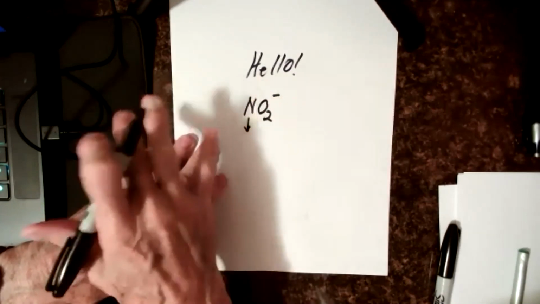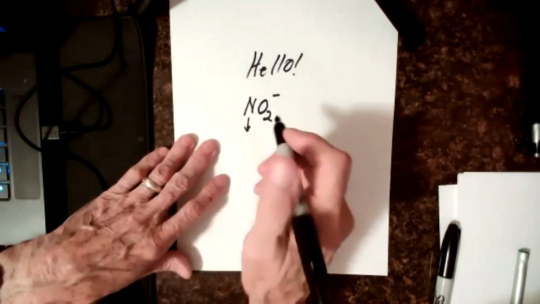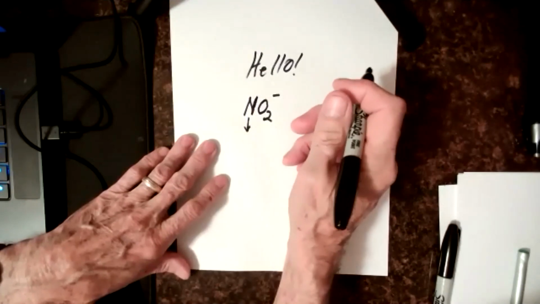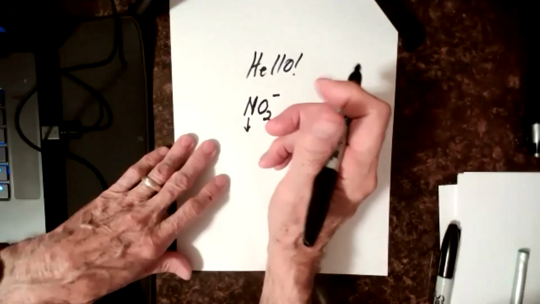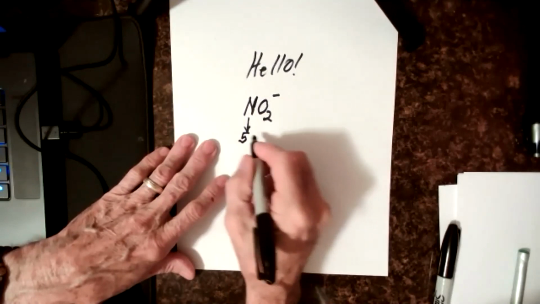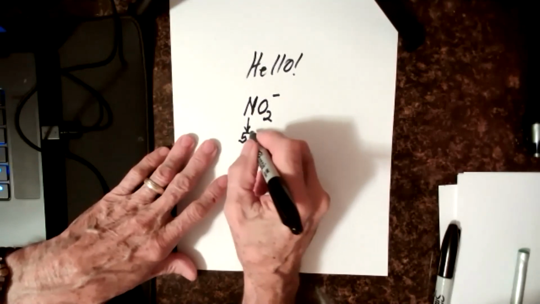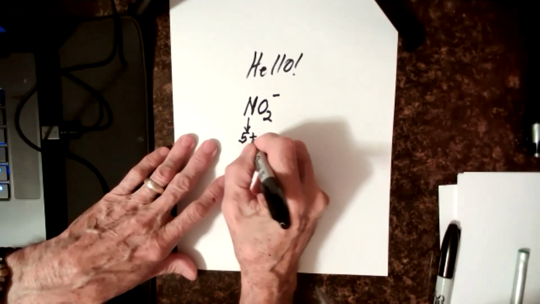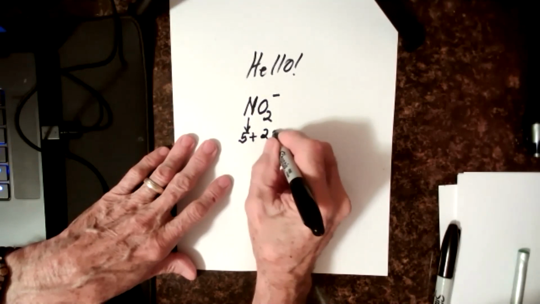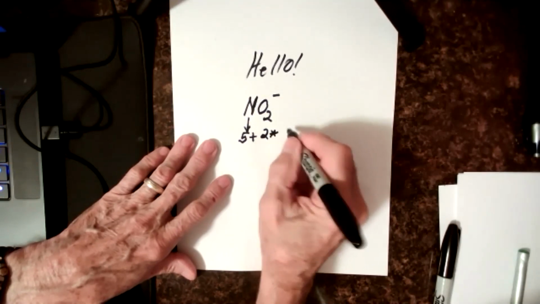You should have one with you all the time so that you can refer to it. I've done this so many times over the last 50 years that I've got some of those things memorized. So nitrogen's in group 5. By the way, I didn't sit down and memorize all of them, but it just happens after you use it a lot. There's 2 oxygens, and oxygen is in group 6.